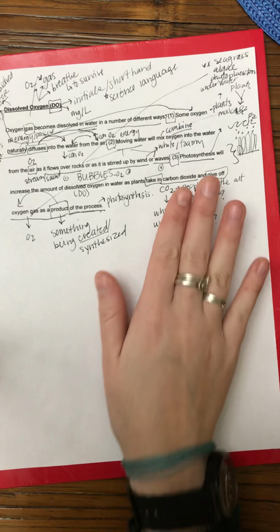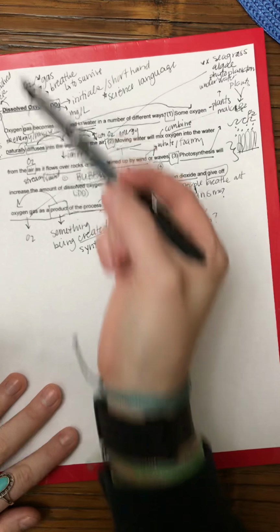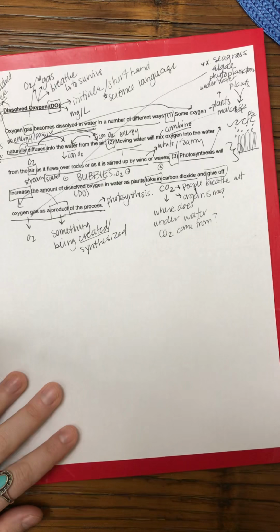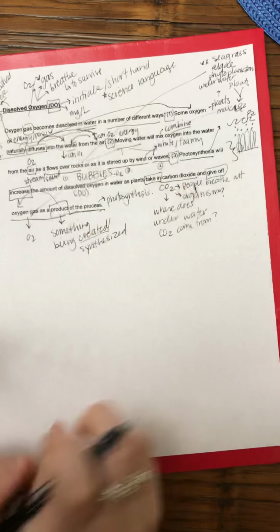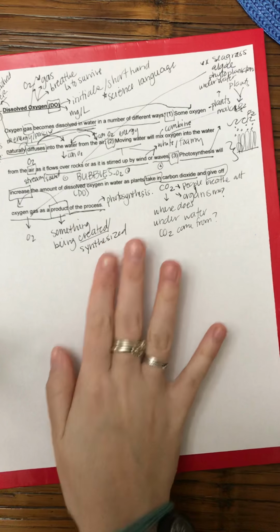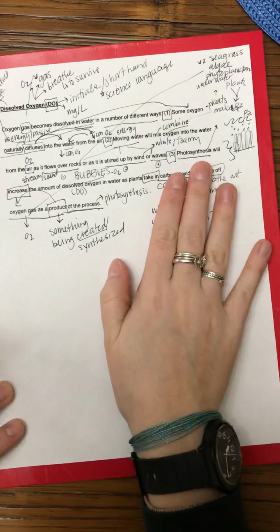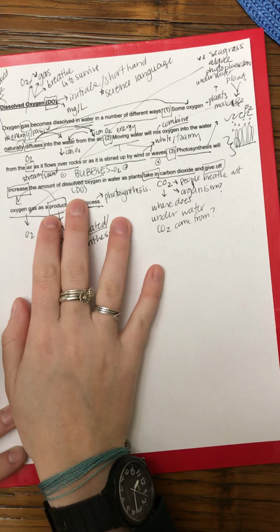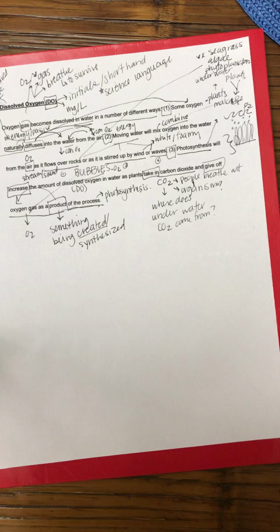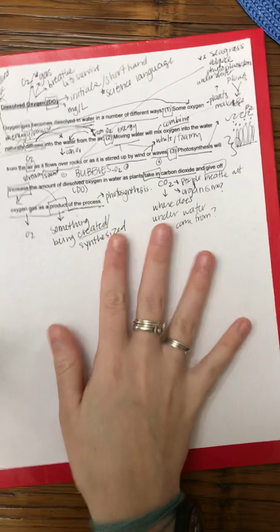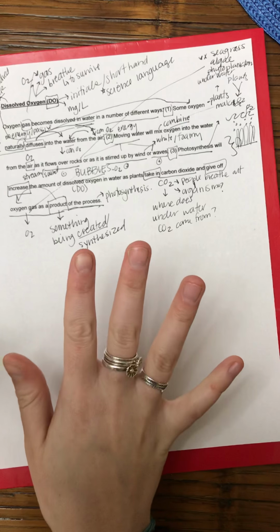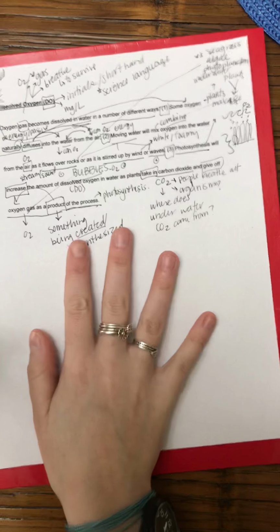And then the last way was photosynthesis, and it's increasing. So this makes me think that this is more oxygen on top of the other two. So while it's diffusing and while it's moving, photosynthesis is adding even more dissolved oxygen, more DO, into the water by just doing the process of photosynthesis. So really important, one of my favorite water quality measures is dissolved oxygen.